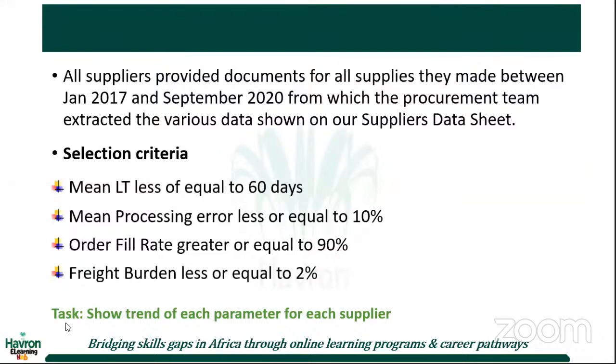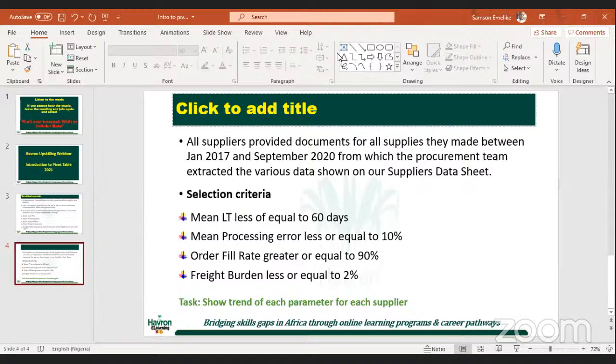And then right below here, we will use this maybe in a later session to depict this on a chart or a dashboard to depict the trend. So we are going to be looking at each supplier. How did they fare? What's the trend in each of these parameters over this period, January 2017 to September 2020? That's about roughly 40 to 45 months or thereabouts. All right, so let's go straight into the data sheet that we have.